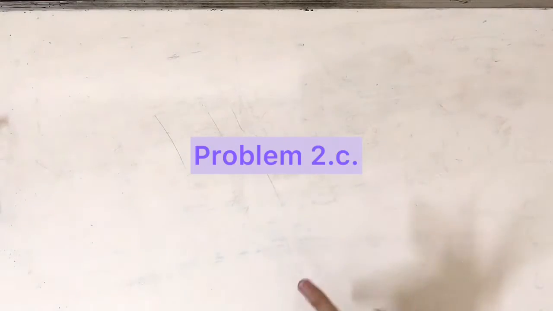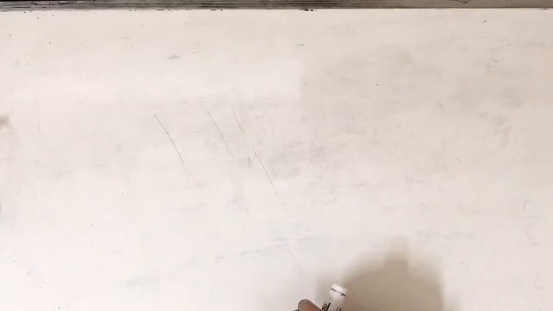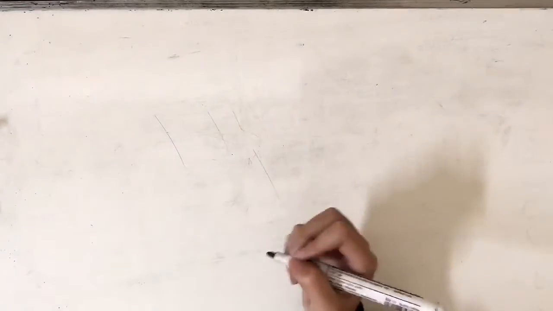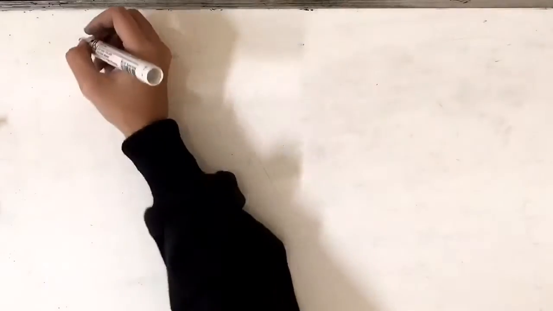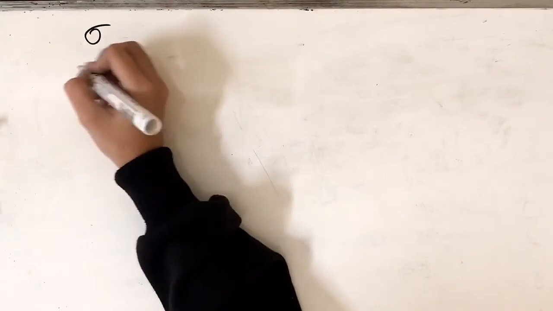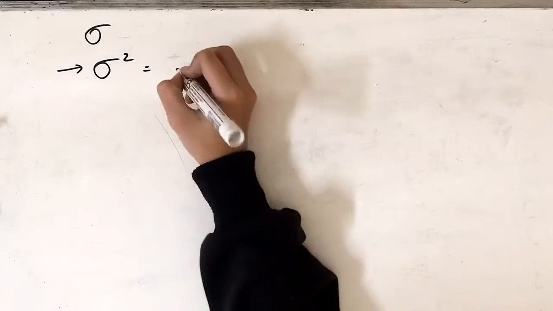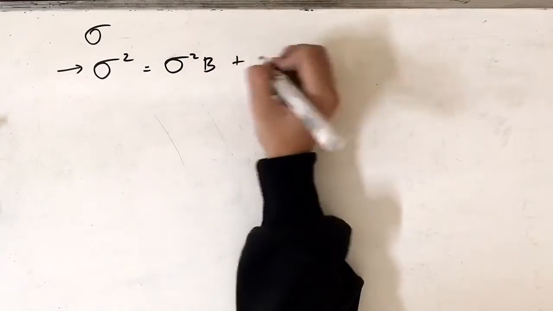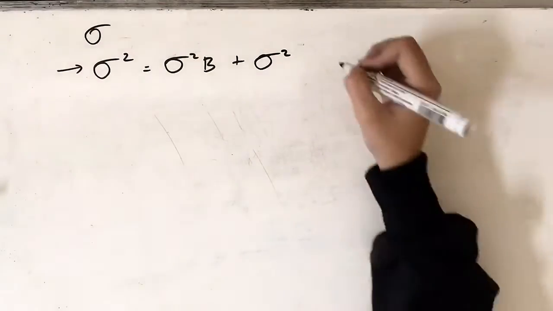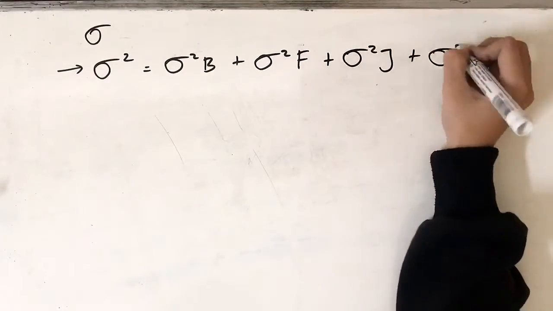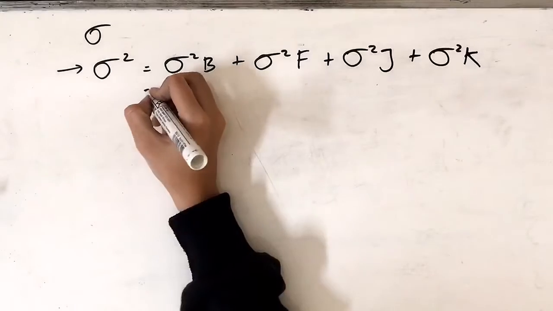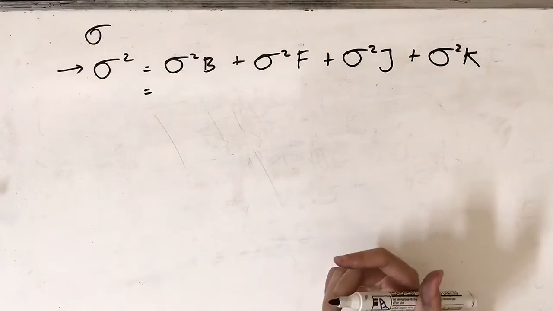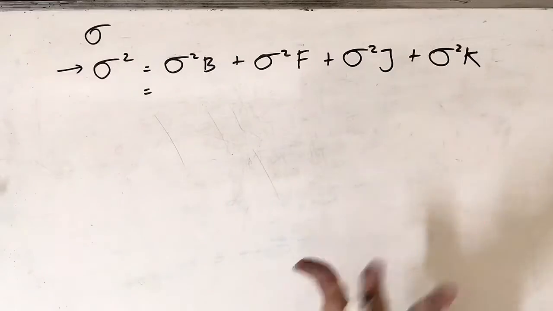Now problem 2.c. To know whether the judgment is acceptable or not, we have to find the standard deviation first. And to get the standard deviation, we have to sum all of the variances of activities on the critical path. So the formula goes like this. Then input the variance of each activity on the critical path.